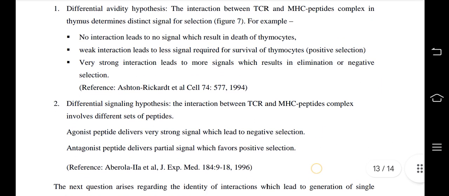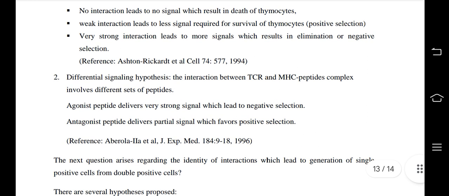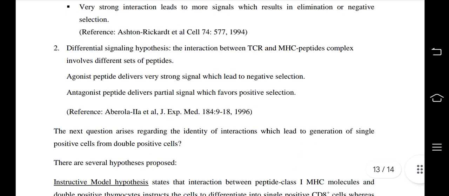Very strong interaction leads to more signal, which results in elimination, or negative selection. Then differential signaling hypothesis: the interaction between TCR and MHC peptide complex involves different sets of peptides. Agonist peptide delivers a very strong signal which leads to negative selection. Partial agonist peptide delivers a partial signal which favors positive selection.